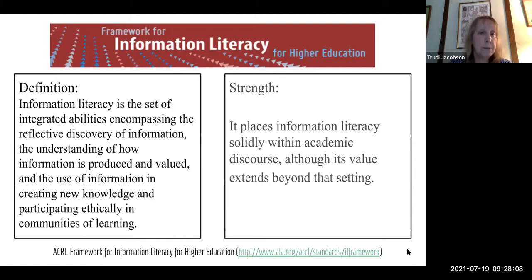So there are the abilities, but there's reflective discovery, there's understanding how information is produced and valued, and then there's the creation of new knowledge and participating in communities of learning. And meta-literacy did have an impact on that. This definition of information literacy really places it solidly within the academic discourse, but it does go beyond that. It's not just research for courses.